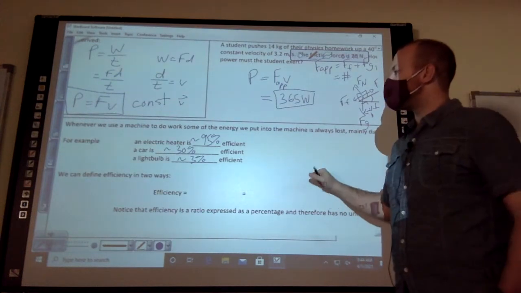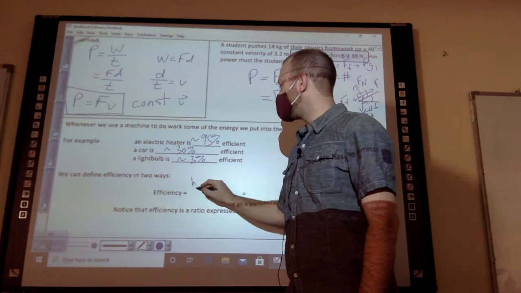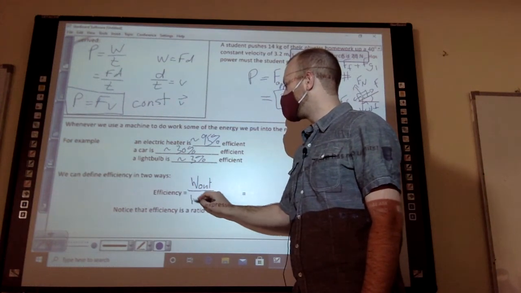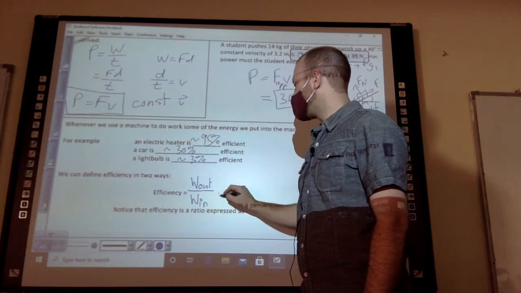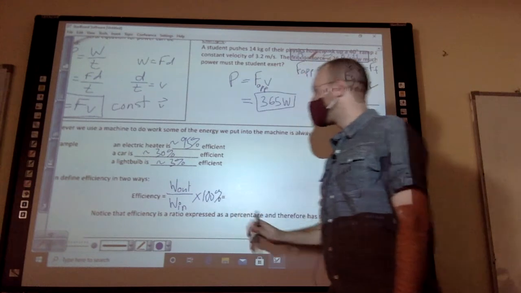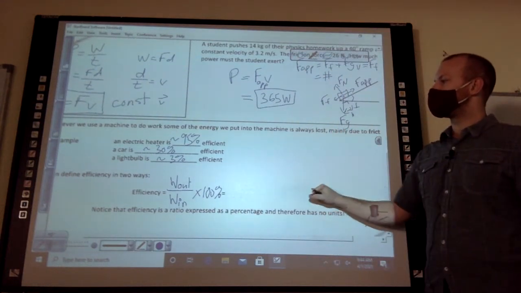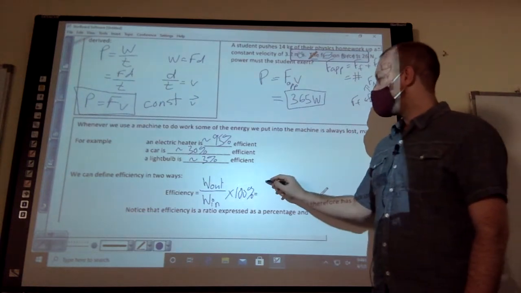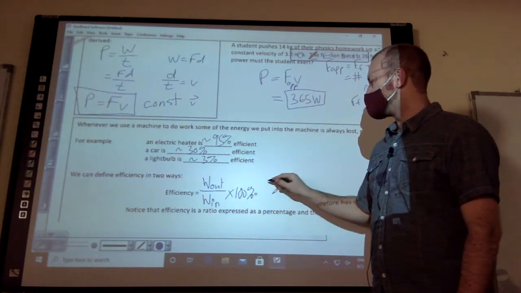So there's two ways we can write out efficiency. One is using work. So we do work output over work input, and then you times it by 100%. You write it as 100 to get the percent. Or you can deal with not work, but with power.